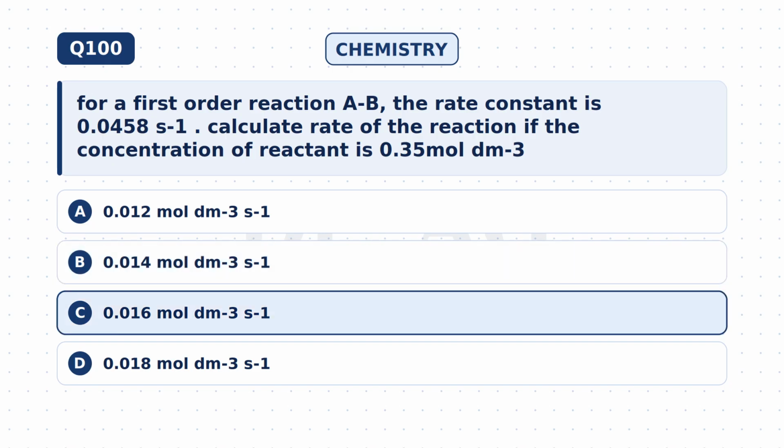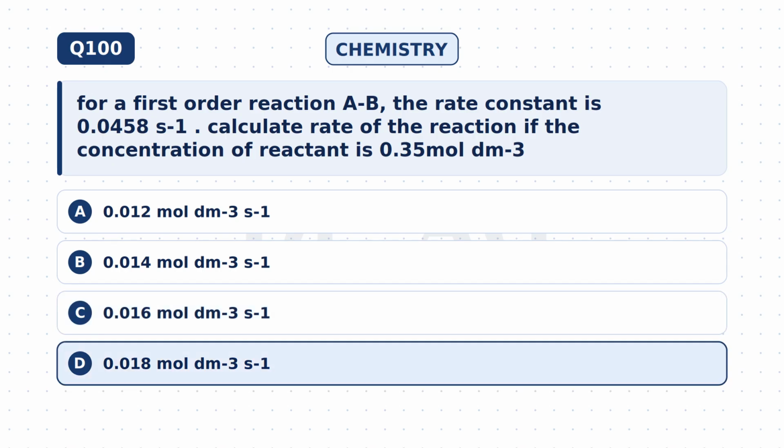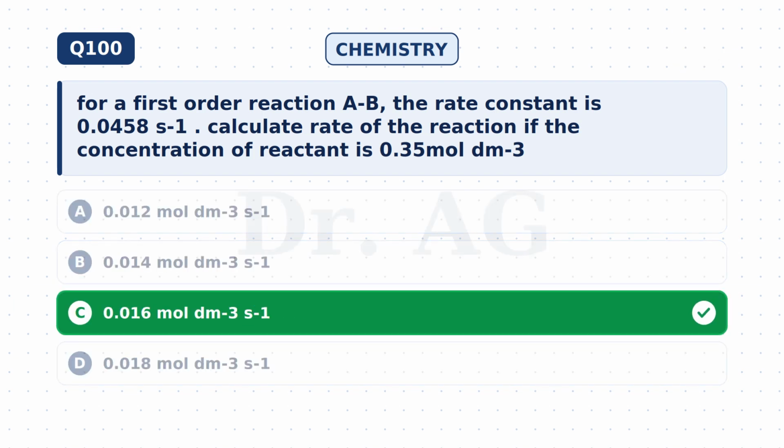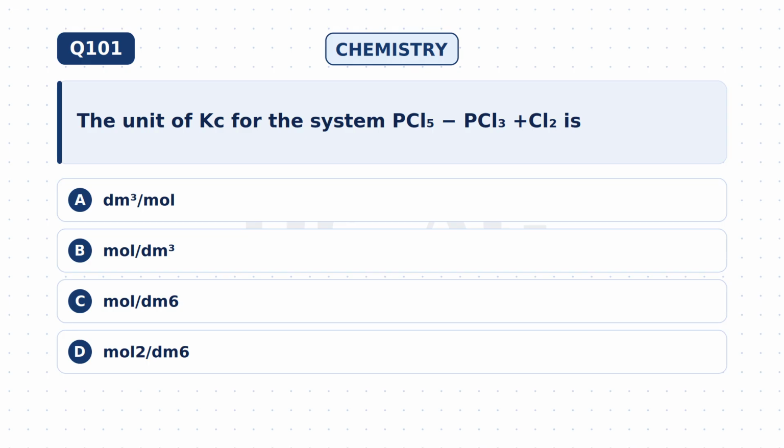Option C, 0.016 mol dm^-3 s^-1. Option D, 0.018 mol dm^-3 s^-1. The correct answer is C, 0.016 mol dm^-3 s^-1.